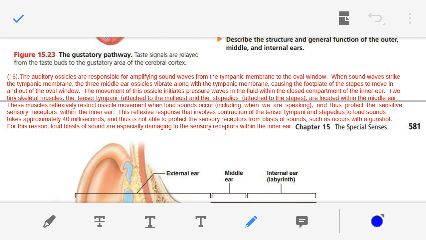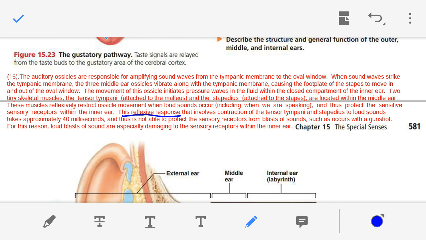Okay, now see, the reflexive response involves these two muscles.